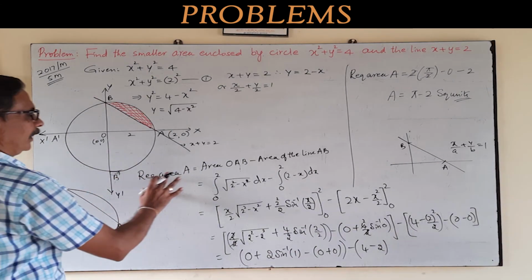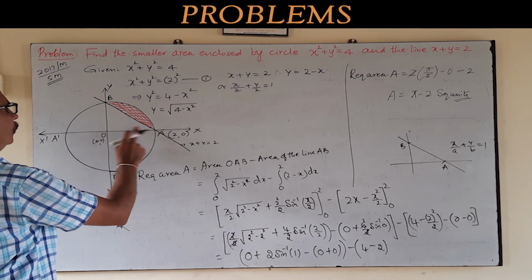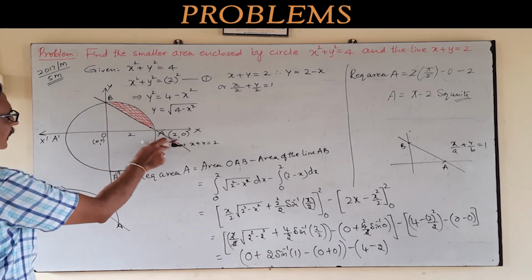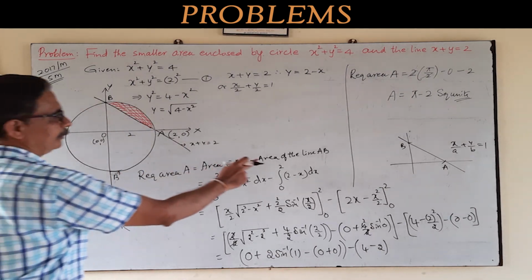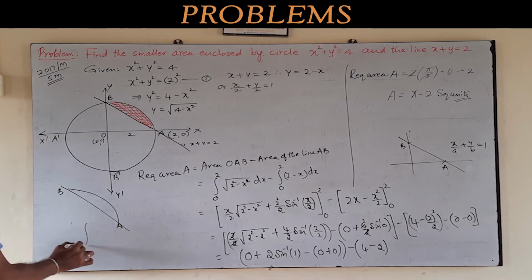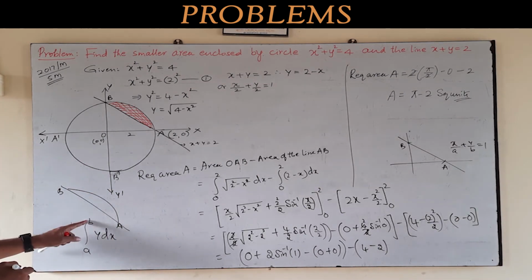Now, required area is equal to, first you take the area of the region OAB, the complete one quadrant, minus the area under the line AB. Now, what is the formula for area? Integral from a to b, y dx. a is the lower limit, b is the upper limit.